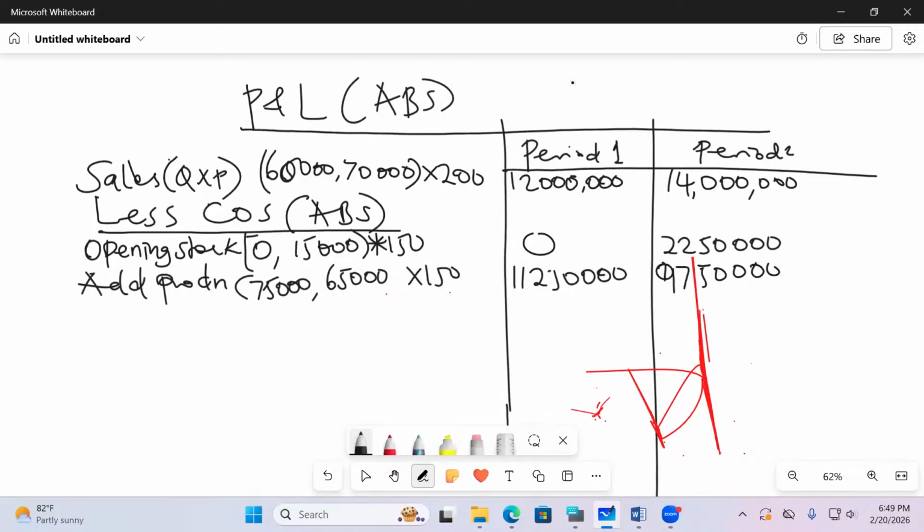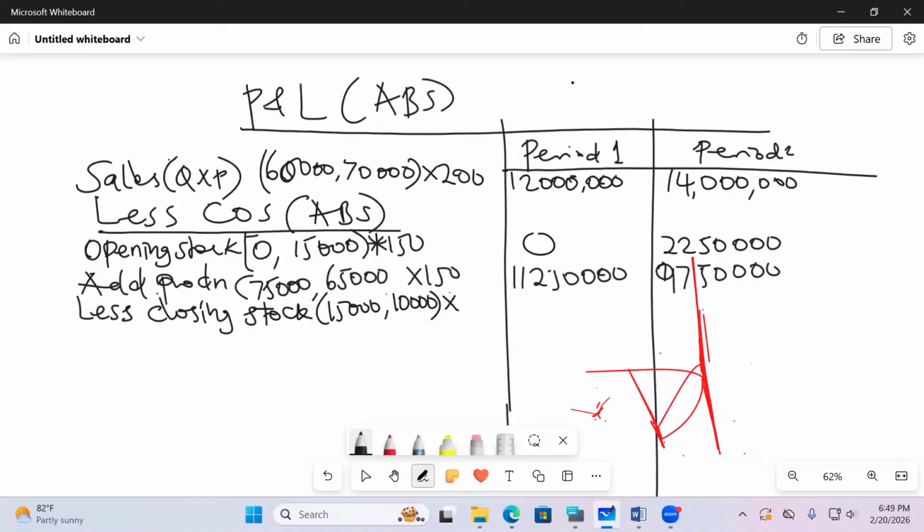And then we come under less closing stock. So we must be able to know the closing stock units, isn't it? Closing stock units, do you remember them? For period 1, 15,000, isn't it? Period 2, 10,000.